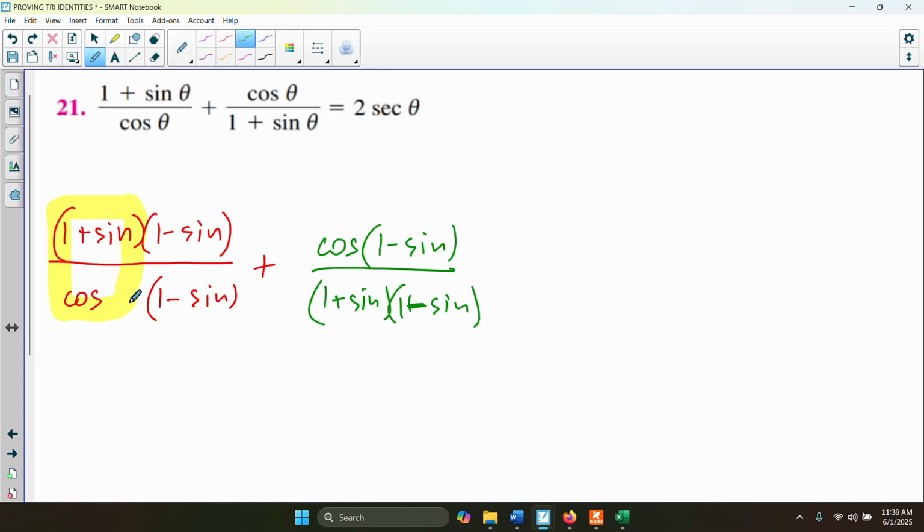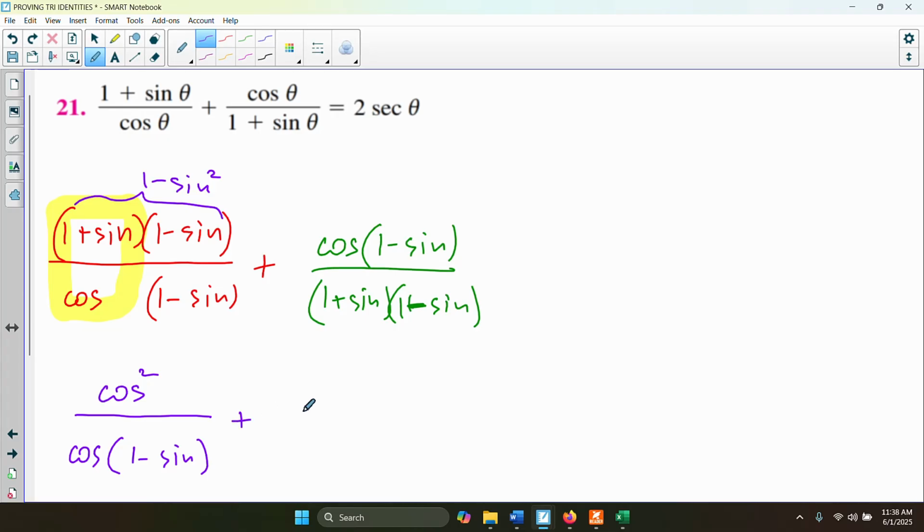Rewriting this, the denominator is fine where it is. The numerator here will be 1 minus sine squared, which is cosine squared. So I have cosine squared. We're almost there, I think. Down here I have a cosine and 1 minus sine.